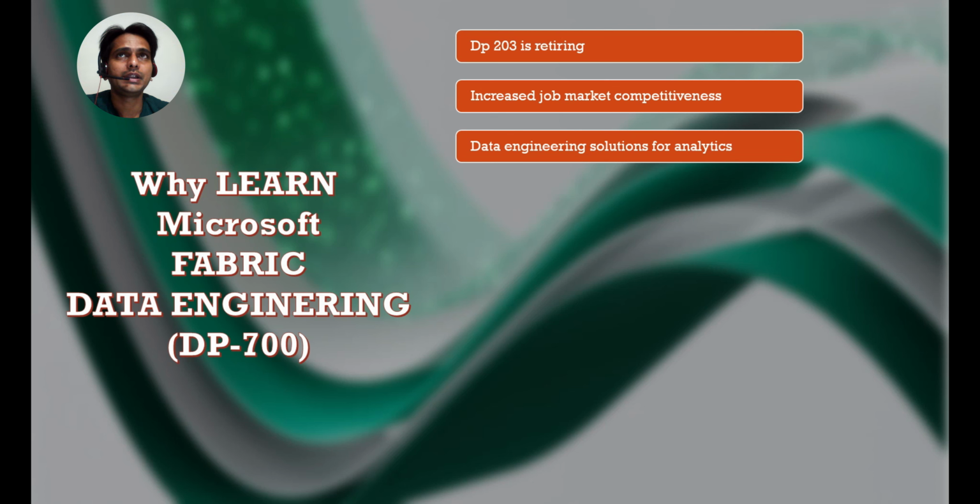But the main difference between DP-203 and DP-700 is that in DP-203 we were discussing each tool separately, it might be Data Factory, it might be Databricks, or any other Power BI reporting kind of tool. Everything was segregated, and you had a data lake as a separate entity. But in DP-700, whether you talk about data ingestion, data security, data governance, or data transformation, everything is under one umbrella, called Microsoft Fabric.